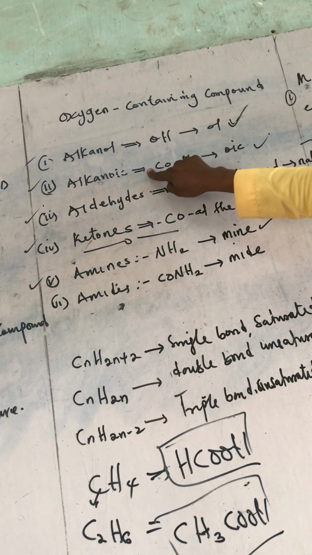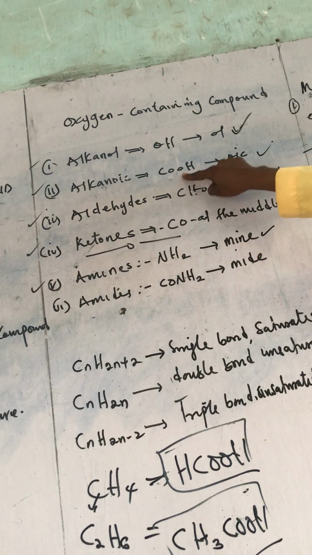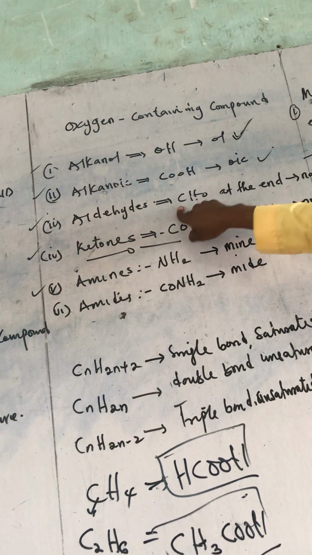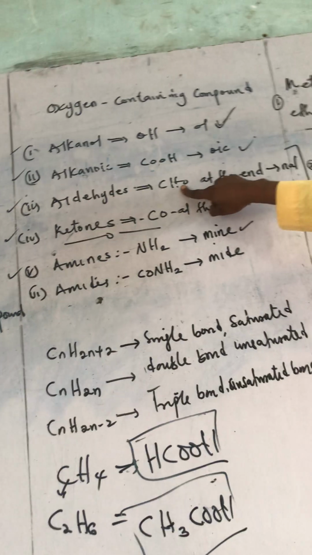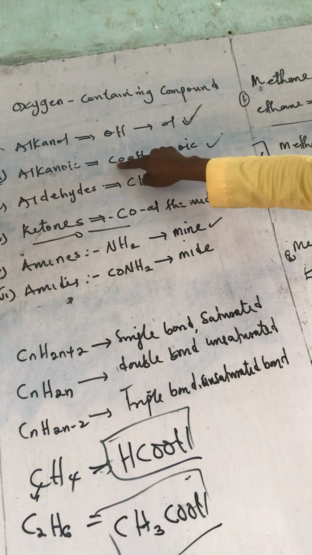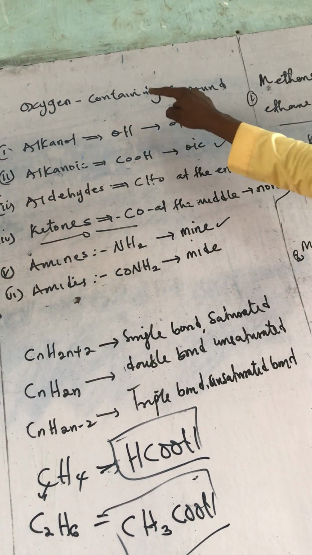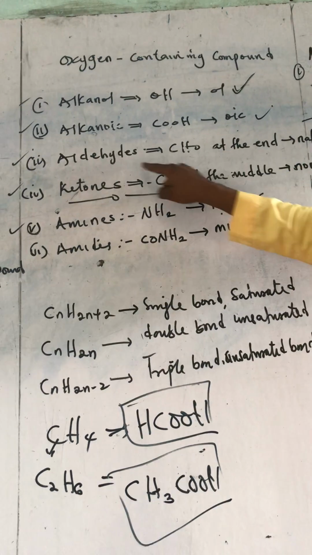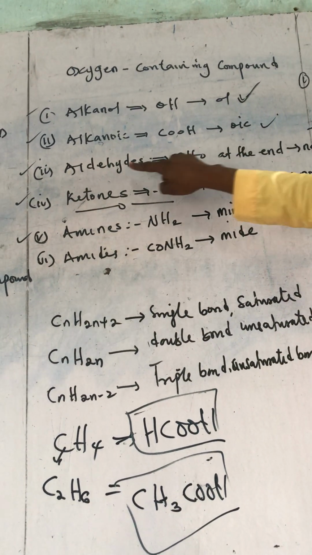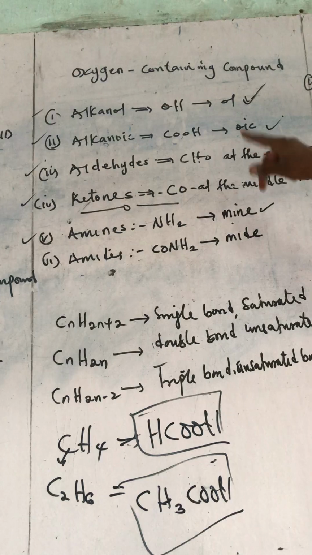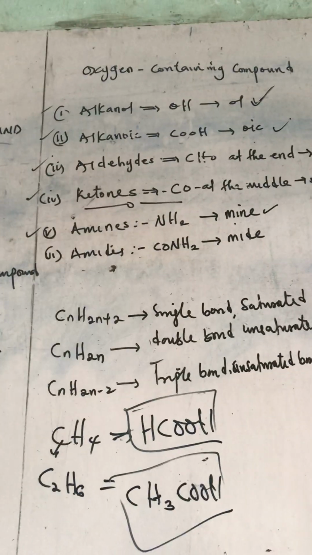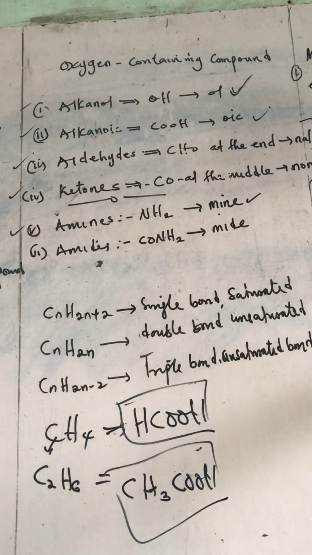We are removing one atom of carbon and 3 atoms of hydrogen. But when we replace with COOH, it is for alkanoic. When we replace with CHO at the end, it is called aldehyde, and that is the one that ends with al.